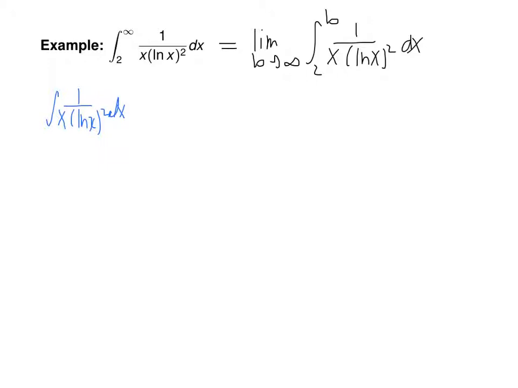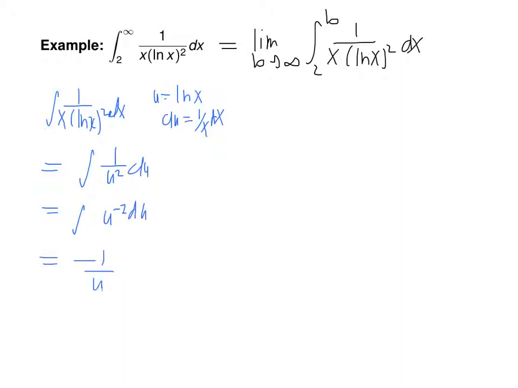You will do a u-sub and let u equal ln x. In that case, du is 1 over x dx. So this will equal the integral of 1 over u squared du, or the integral of u to the negative 2, which will be negative 1 over u, or negative 1 over ln of x.